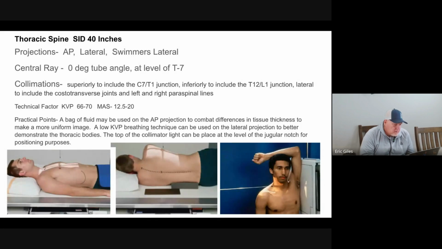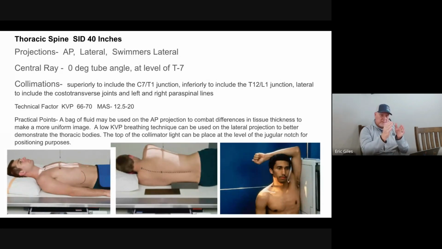Down here on the practical, when we lay our patient down to do the AP T-spine, you'll note on this left-hand picture, from the pectoral muscles down to the neck, there's a slope right there. That's going to give us fits sometimes as far as differentiation between techniques.